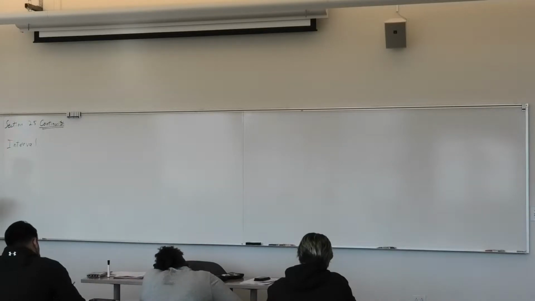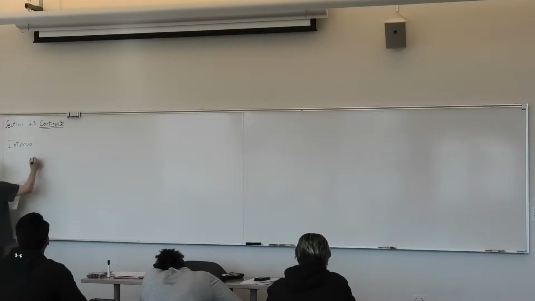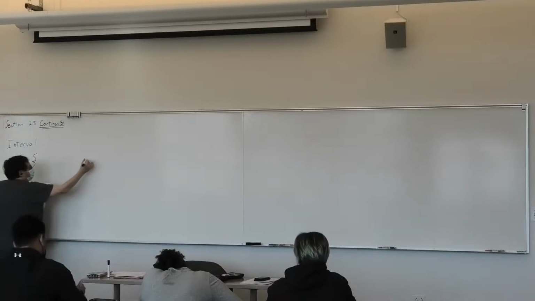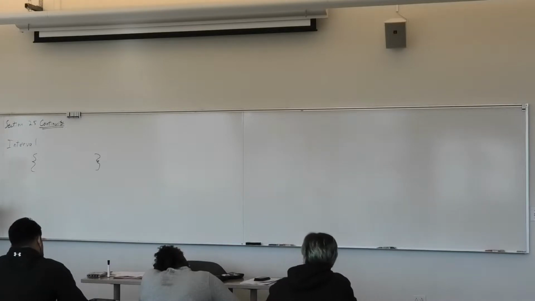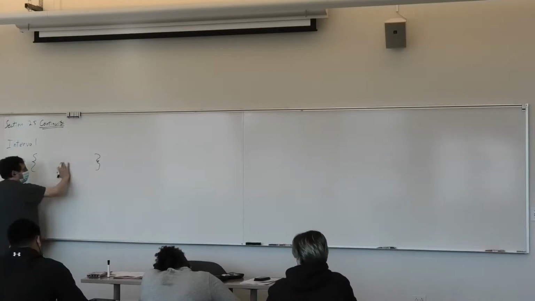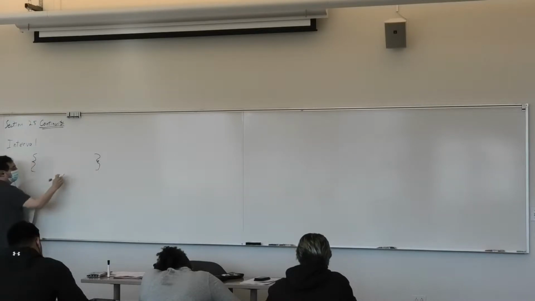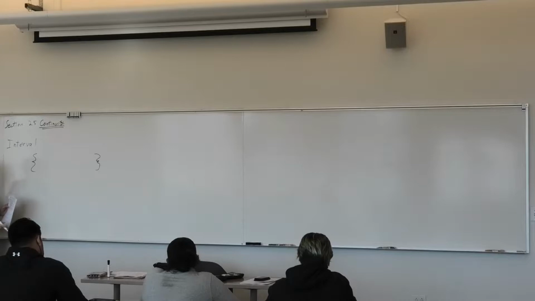In math, we often use curly brackets to mean a set. And we might write a set in various ways. We might put in values, 1, 2, 3, 4, 5. Clearly, that's not going to work with an infinite set. We can't list them all.